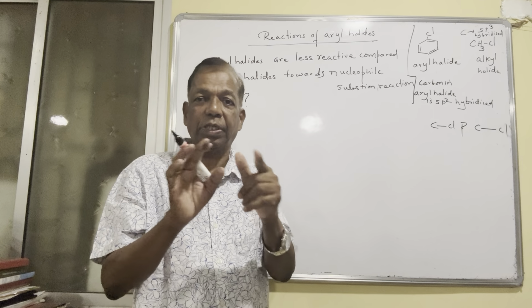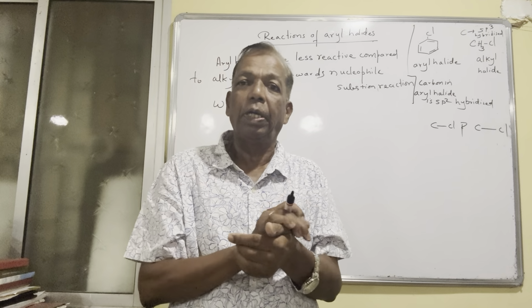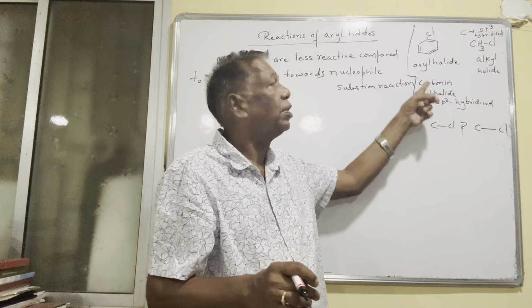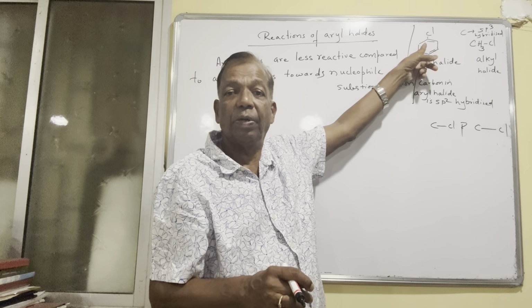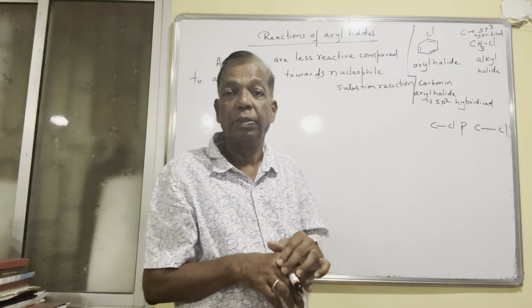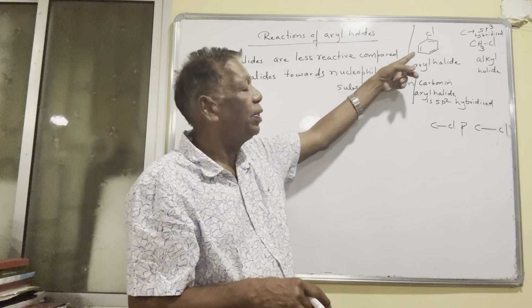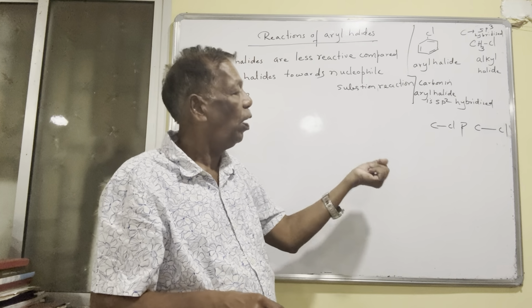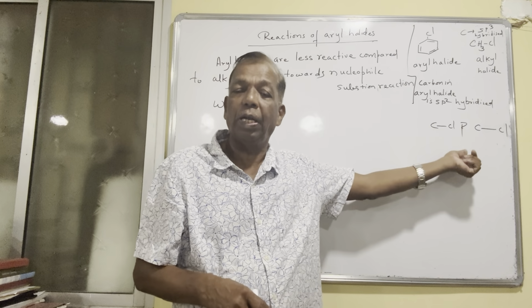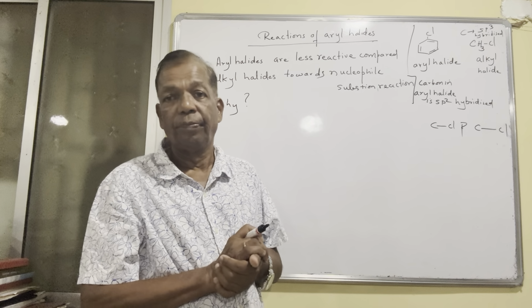If you can't get it, slow down the video and just hear what I am saying. Again, I'll repeat. This carbon over here is sp2 hybridized, and this carbon over here is sp3 hybridized. When the carbon is sp2 hybridized, the bond between the carbon and the halogen is always shorter.